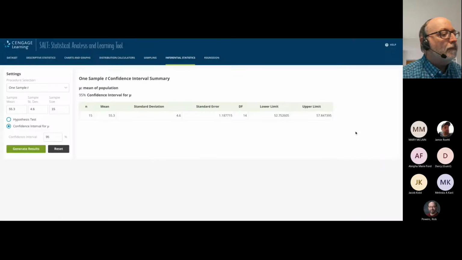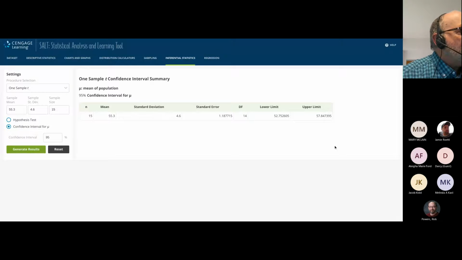And we have a 1 sample T confidence interval summary: mu, the mean of the population, the 95% confidence interval for mu. So I want to know what our answer is for the confidence interval. Mary, can you tell me what the answer is for this confidence interval from what I have in SALT?